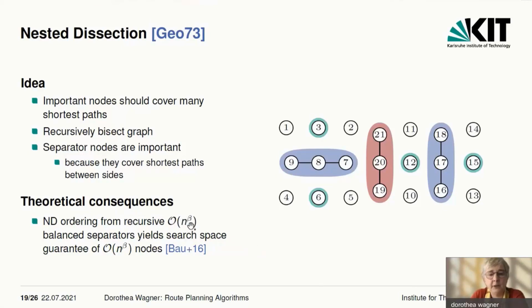So if we have small separators of size n to the beta, for example n to the 1/2, the square root of n, then we can guarantee a search space reduction of the same order.